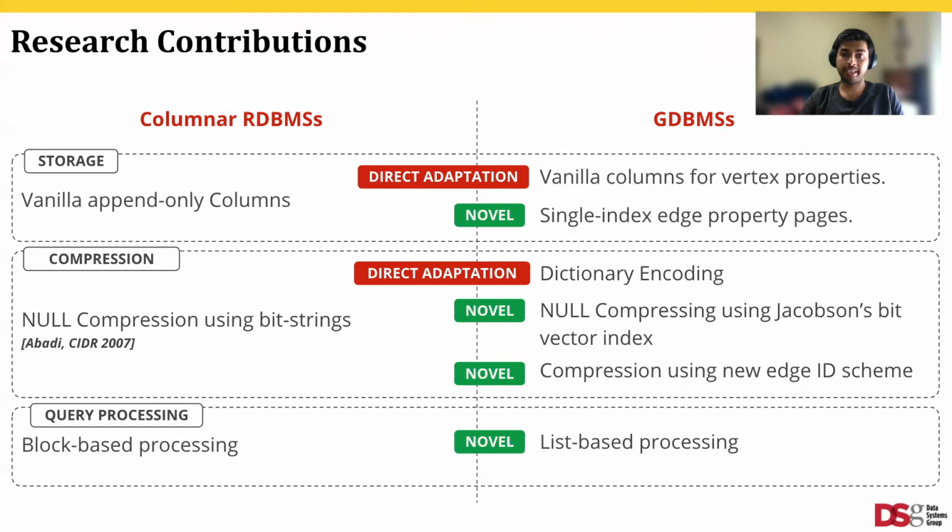We identify techniques that are directly applicable, for example, vanilla columns for vertex properties and dictionary encoding compression. Where direct application is not feasible, we design new techniques like single-indexed edge property pages, a new edge ID scheme that can be highly compressed in adjacency lists, a null compression scheme that allows random reads from compressed data, and finally, a list-based processor.